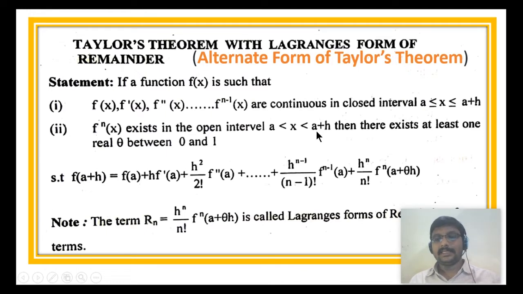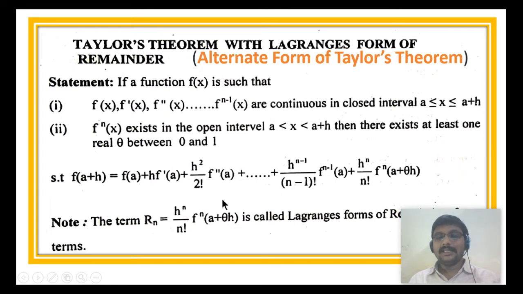Then there exists at least one real value theta, which lies between 0 and 1, satisfying the equation: f(a+h) is f(a) plus h into f'(a) plus h square by 2 factorial f''(a) plus and so on plus h power (n minus 1) by (n minus 1) factorial f (n minus 1)th derivative at a, plus h power n by n factorial f nth derivative at the point a plus theta h.